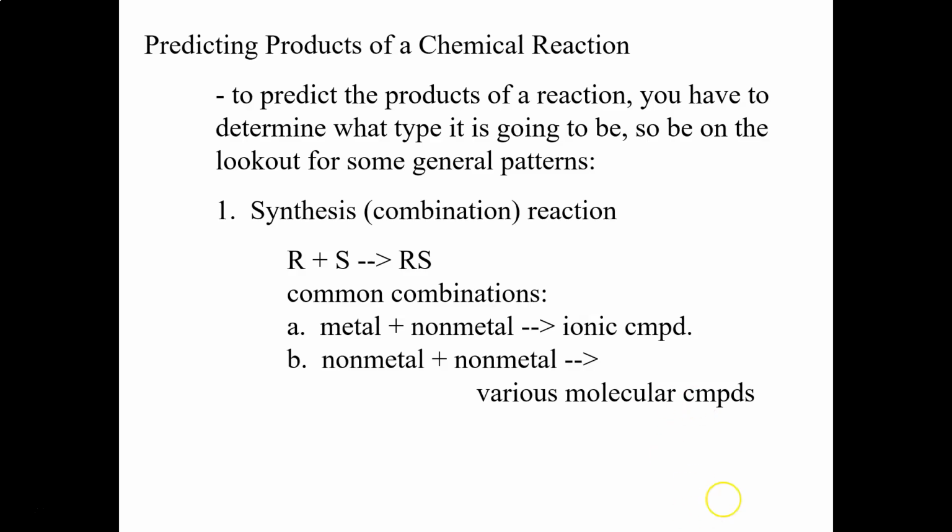Like, for instance, let's say that one of the reactants here was hydrogen and the other one was oxygen. Well, if you have hydrogen and oxygen and you need to figure out what molecular formula you can make from both of those, you need to think, what's a common compound out there that has hydrogen and oxygen in it? And probably the very first thing that comes to most people's minds would be water.